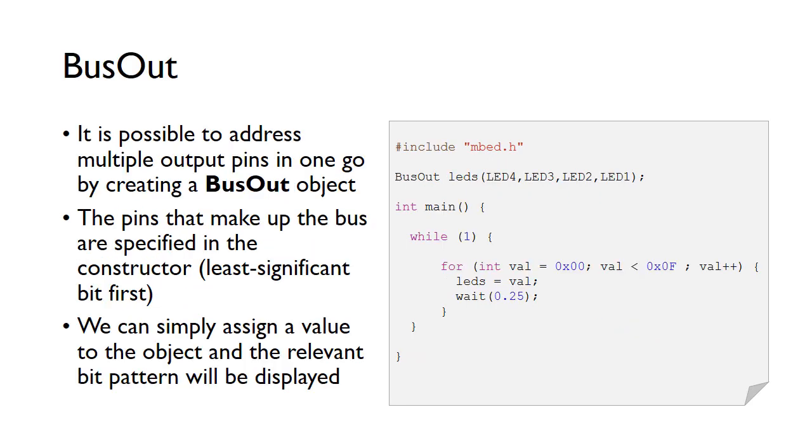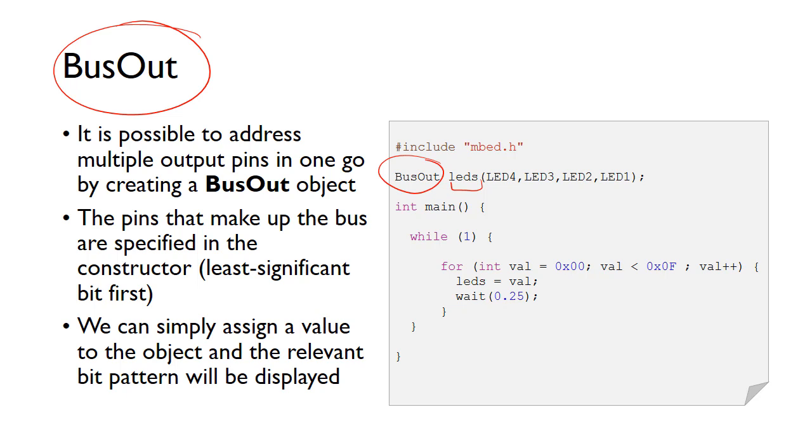So we saw with the DigitalOut class, we can control a single output pin, but it's actually possible to address multiple pins in one go by using what they call the BusOut class. So again, this is a class. Here I've made an object called LEDs, and in this constructor we specify all the pins we want to use to create that bus.